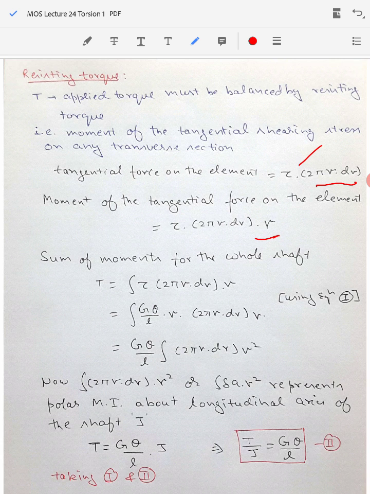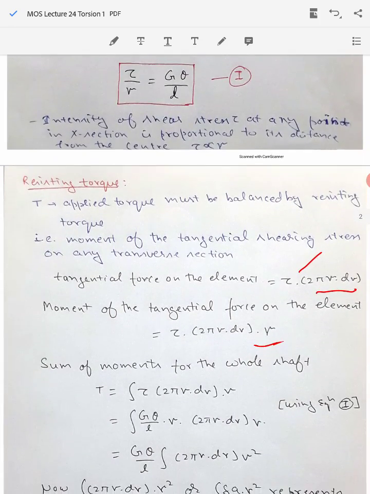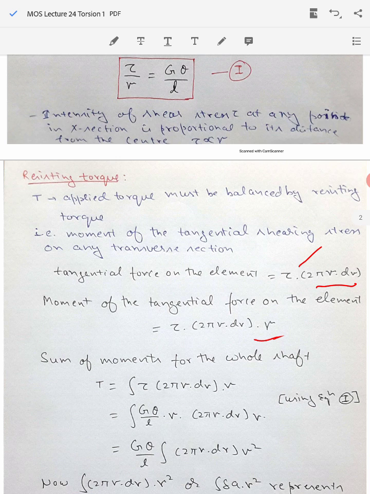Now if you see equation 1, it gives the relation between tau and r: tau will be equal to G theta by L into r.